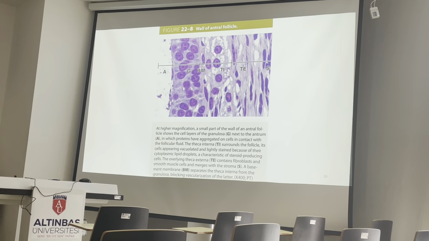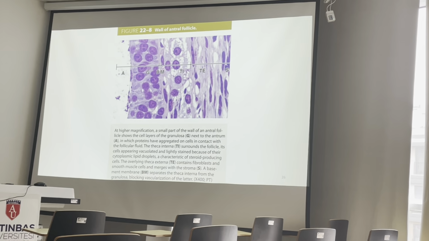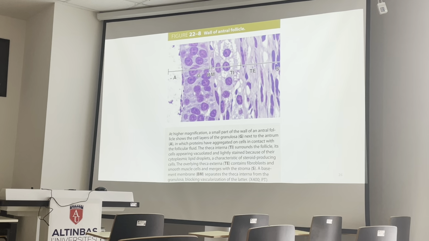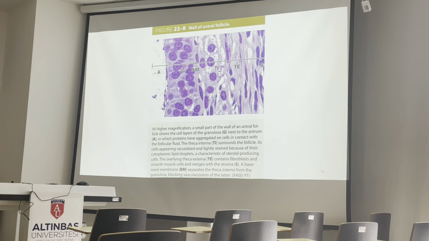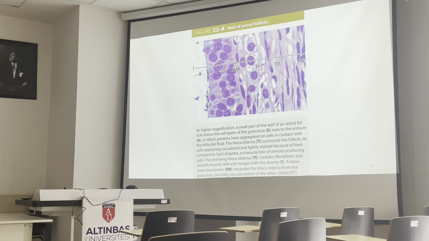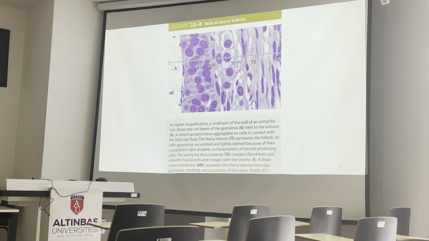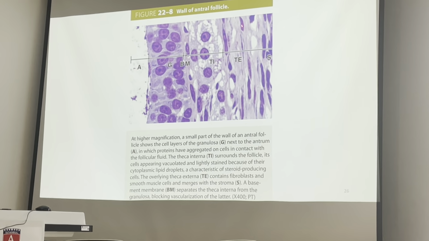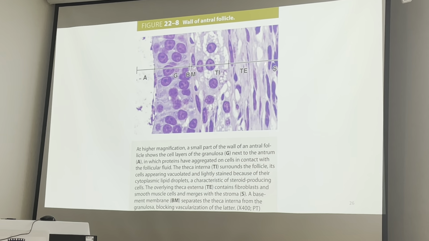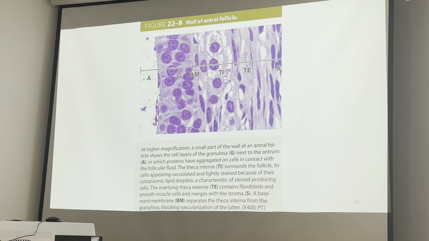Look at the cytoplasm. This cytoplasm appears when our cells have a role in producing androgen or lipid structure hormones. Here you can see the theca externa, you can see the smooth muscle cell nuclei in this part. And on the outer side of theca interna and externa, we have the normal stroma of the ovary.